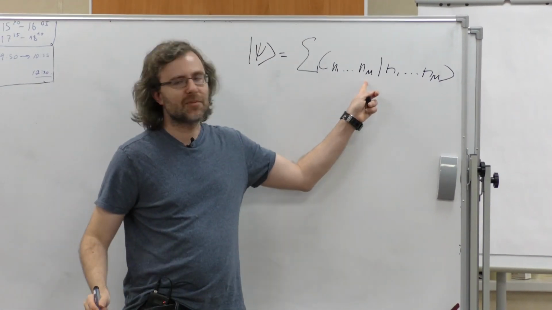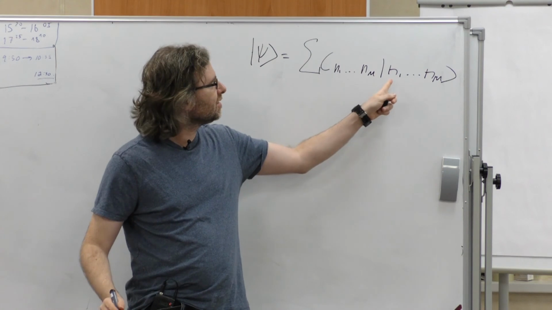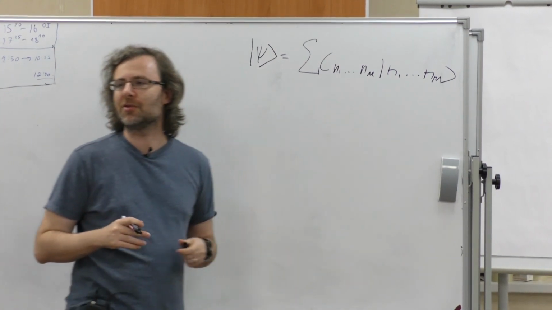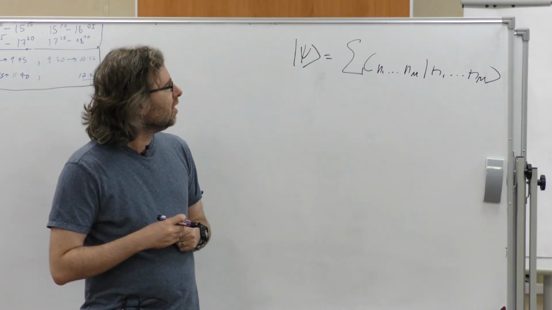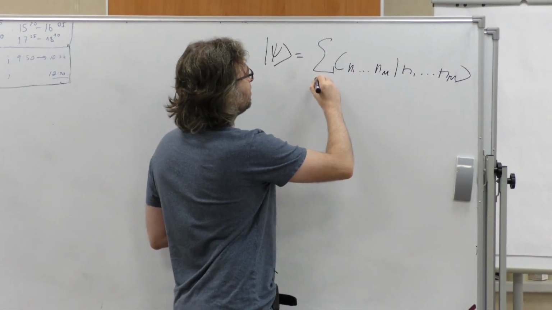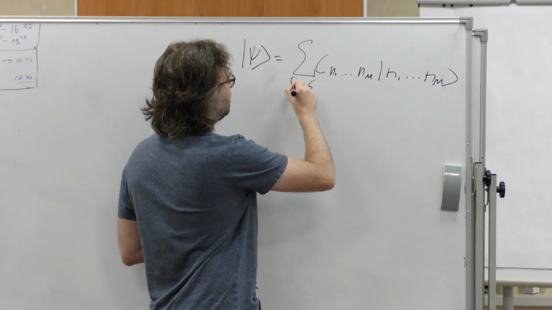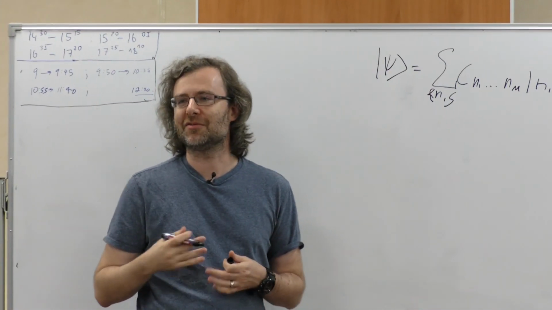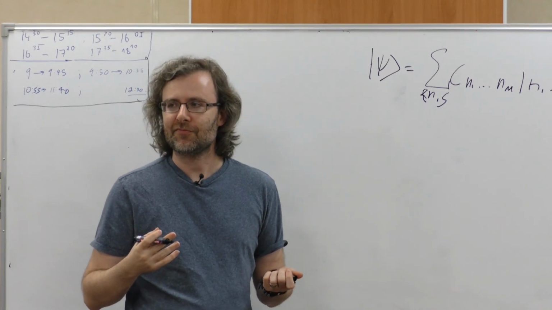Okay, so m is the number of orbitals I have, and these are occupation numbers, right? So for fermions, there's 0 and 1. And I have to sum up over all of these things, right? And this represents an exponential number of complex numbers.